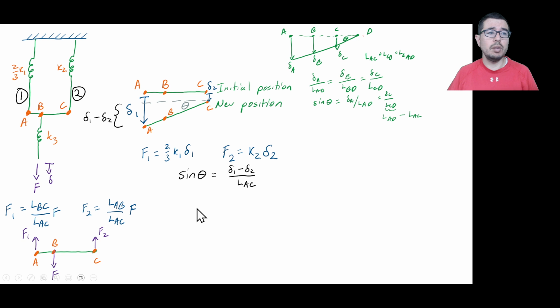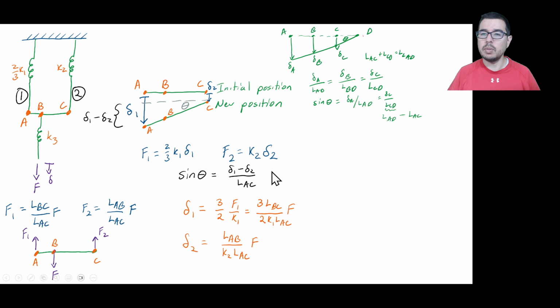We can then also say that this delta 1 can be remanipulated from this expression here to be 3/2 this. So we're just using what we solved for with equilibrium and this expression, and we can also do the same thing with delta 2. This came from equilibrium, and this comes from our relationship.